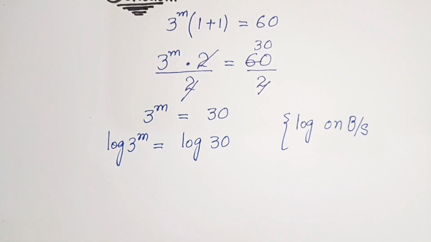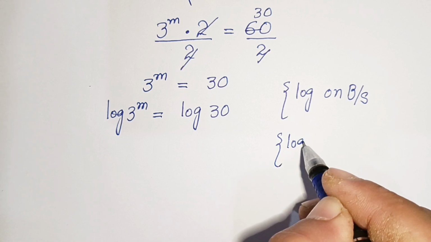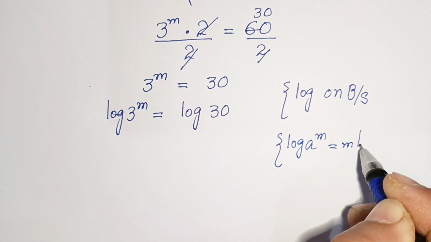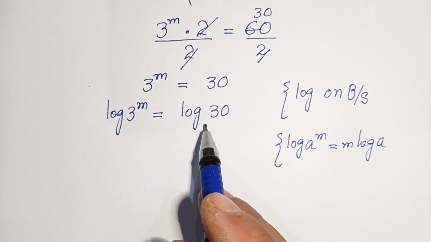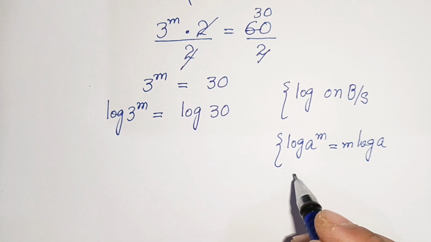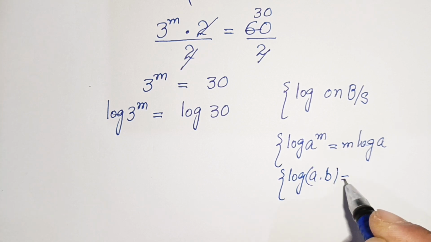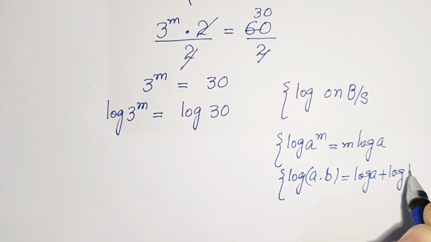Here we are going to use the logarithm power law, which is: log a to the power m is equal to m log a. And similarly on our right hand side we are going to use log a times b is equal to log a plus log b.